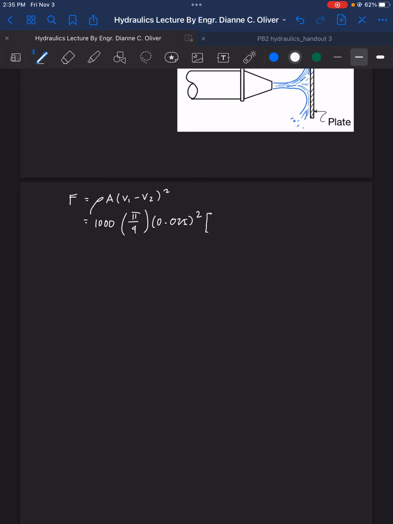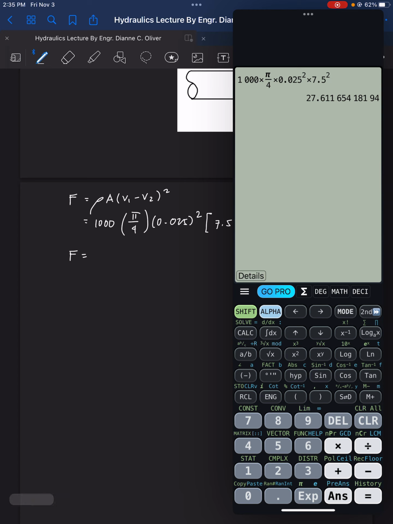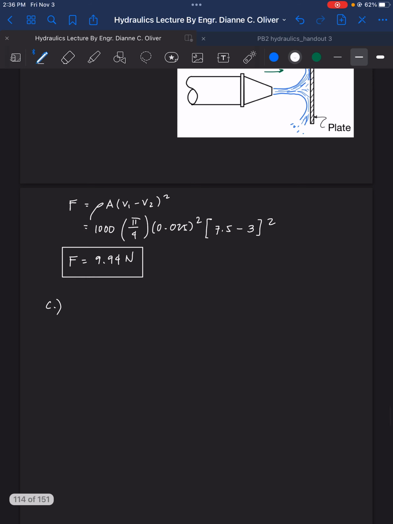So this is 7.5 for V1 minus V2 of 3, squared. What is now the value of F? 7.5 minus 3, squared. So 9.94 Newton. So 9.94 Newton force.